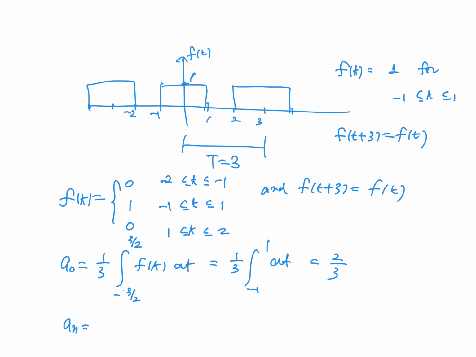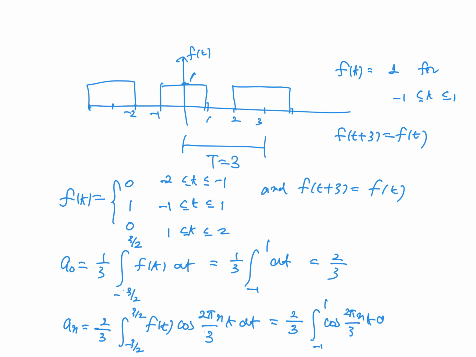An is 2 over 3 times the integral of f(t) cosine of 2 pi n t over T, where T is 3, dt. And nicely, it's 2 over 3 times the integral from minus 1 to 1 of cosine 2 pi n t over 3 dt.